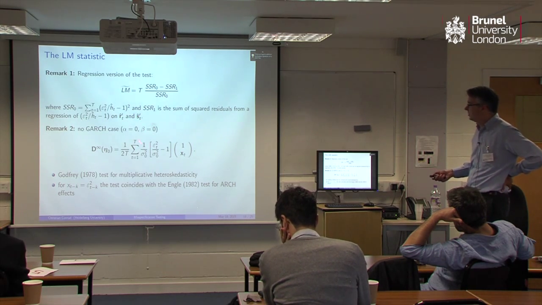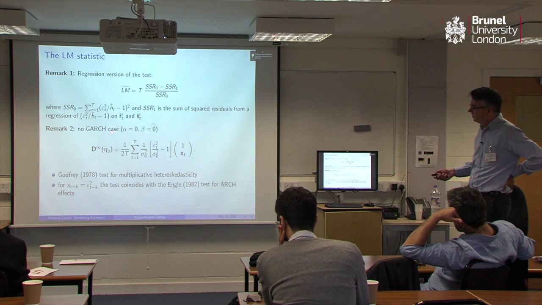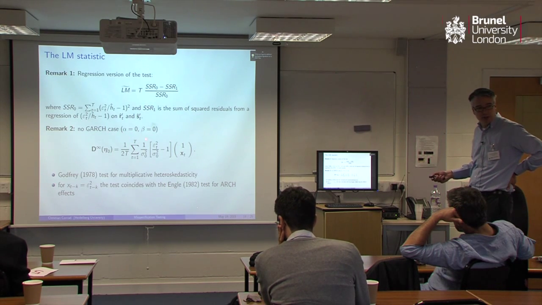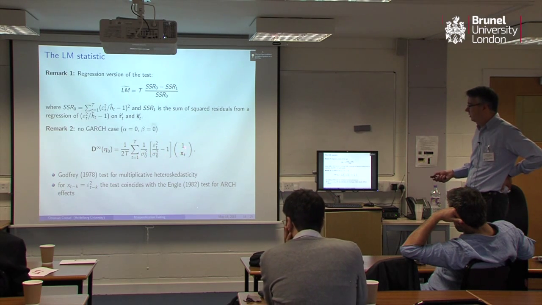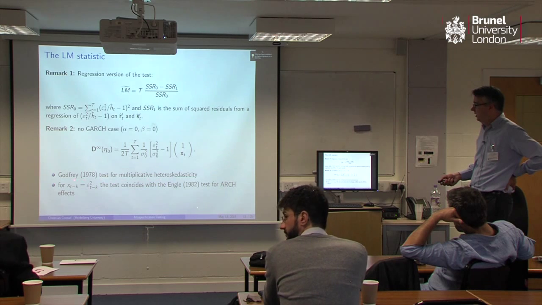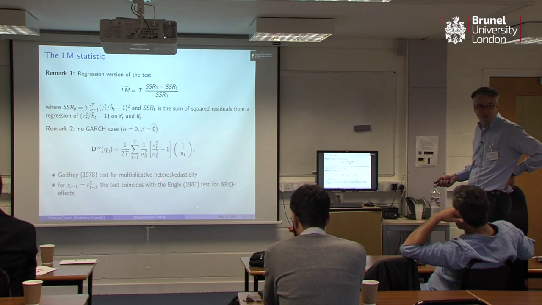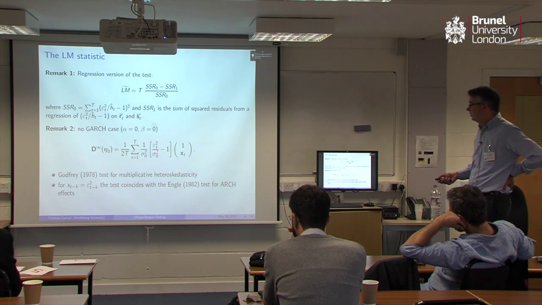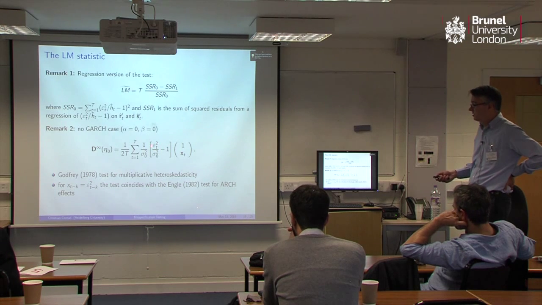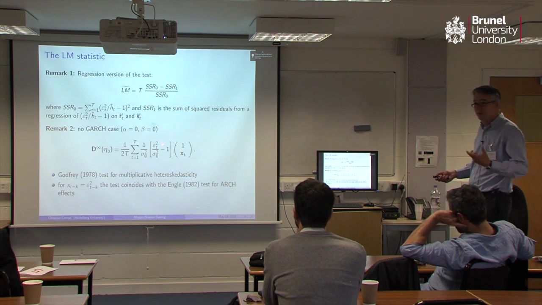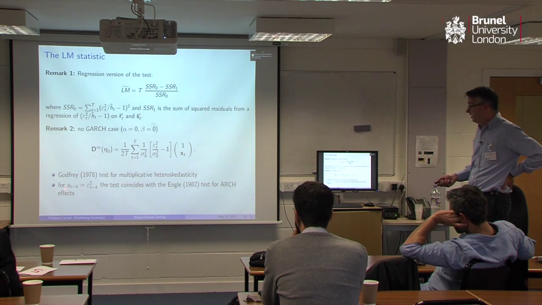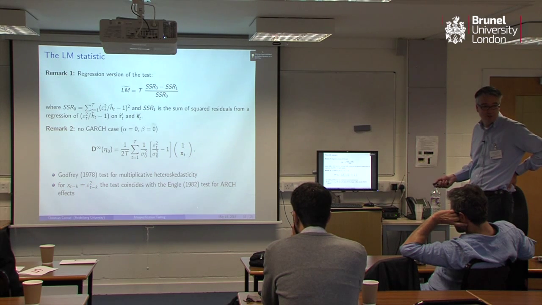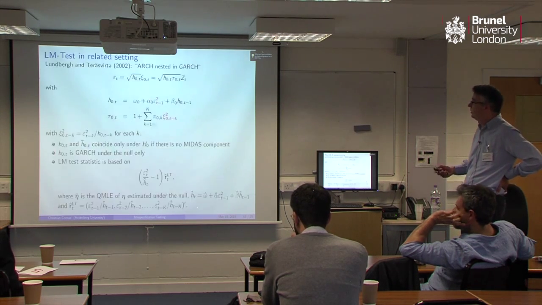And what is maybe interesting is if you would be in a situation where there is no GARCH, so alpha beta is equal to 0, in this case, the average score looks like this, and then it's just like the Godfrey test for multiplicative heteroscedasticity, because you would just regress squared residuals on a constant and this x vector here. And if you choose as explanatory variables squared returns, then it's the Engle test for ARCH effects. So this is all nested.